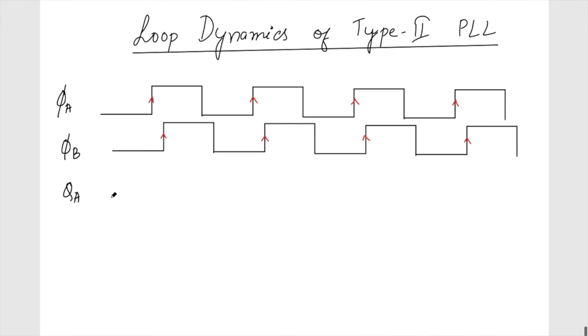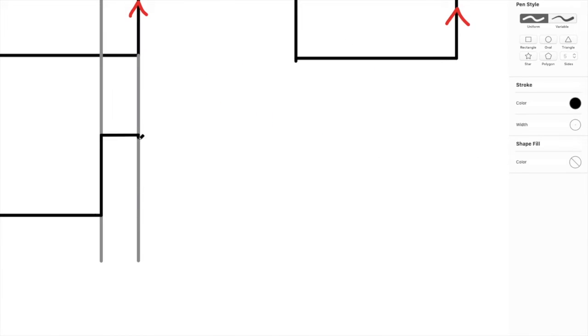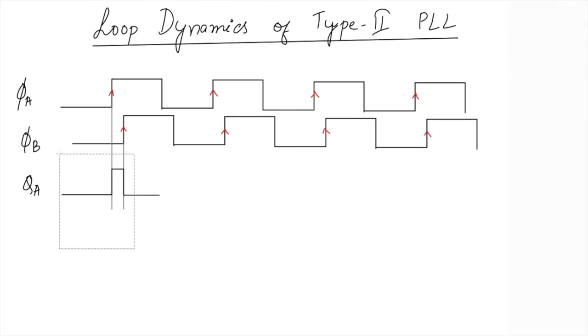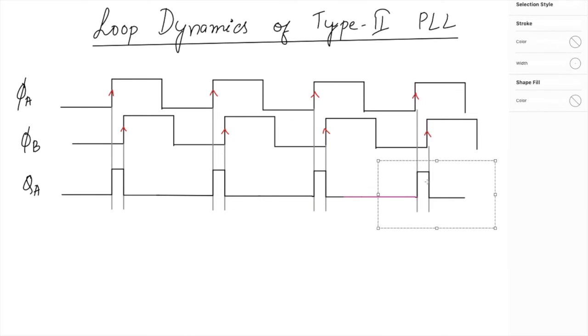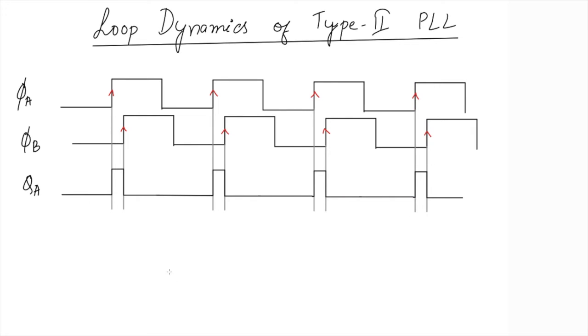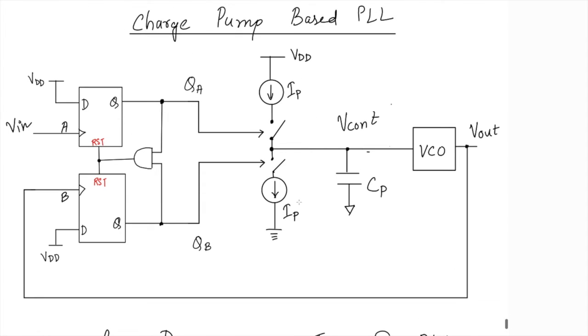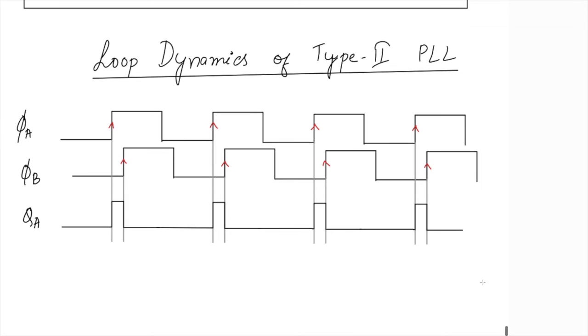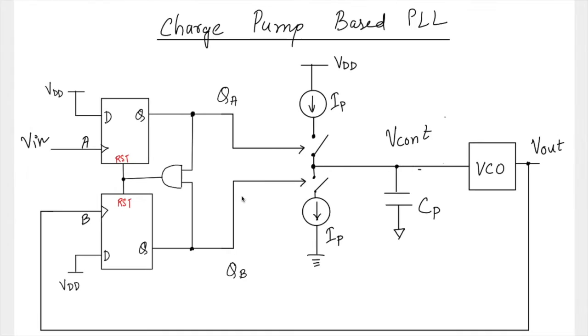Let me draw the QA. This is my QA signal, and whenever QA is turned on, IP will be on, so the signal IP will have the same waveform as QA.